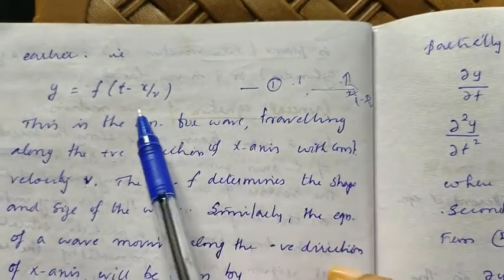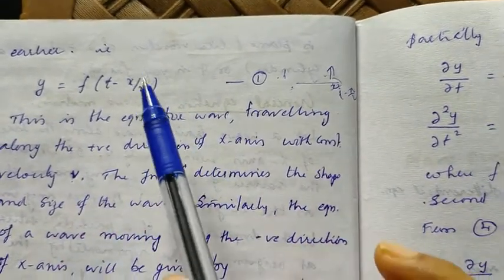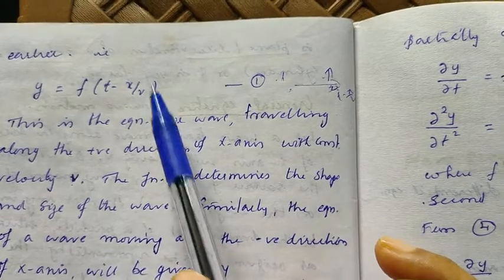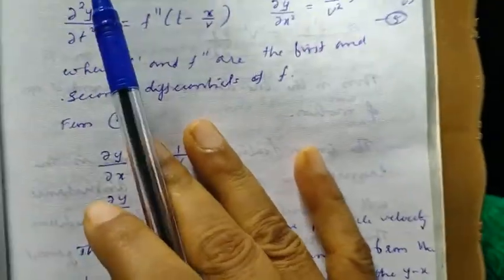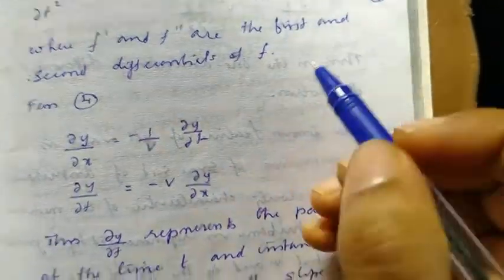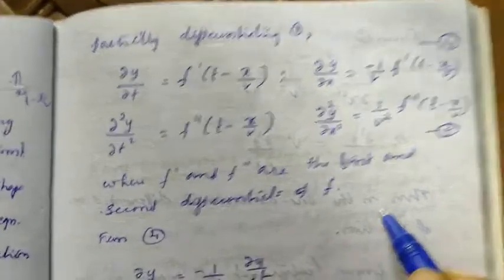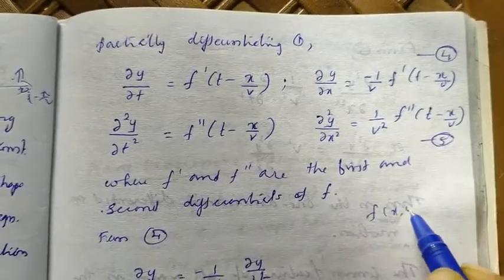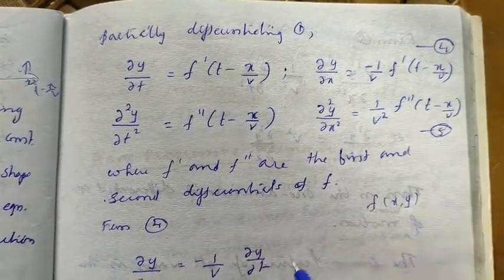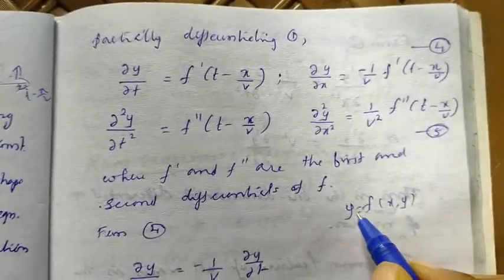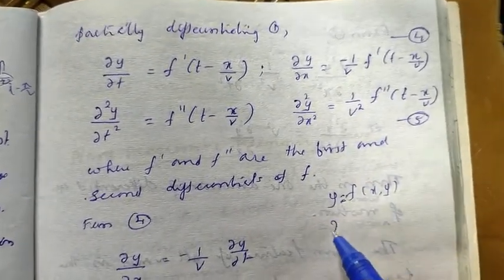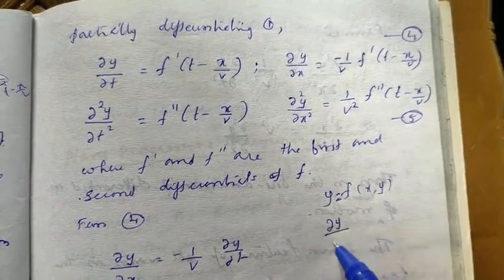If we are differentiating this equation with respect to t and with respect to x separately, that is partial differentiation. So partial differentiation means if we have a function of two variables, if y is equal to f of x, y, we are differentiating this function with respect to x.